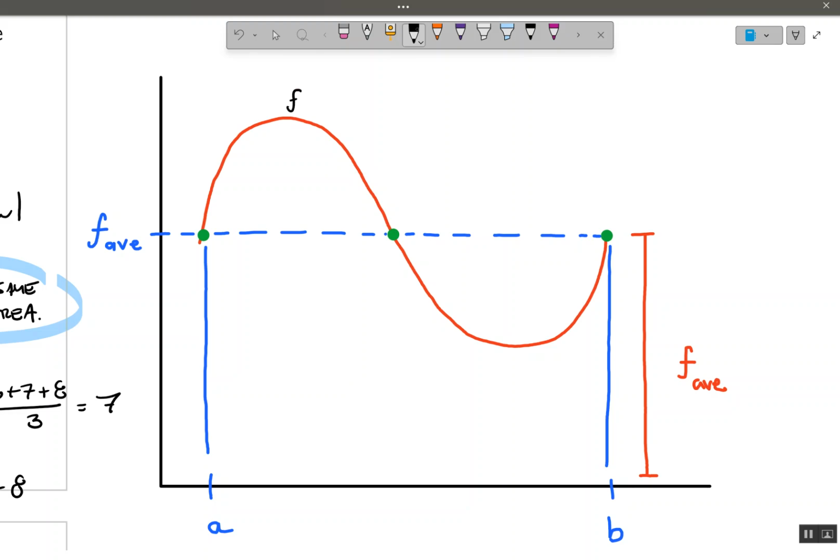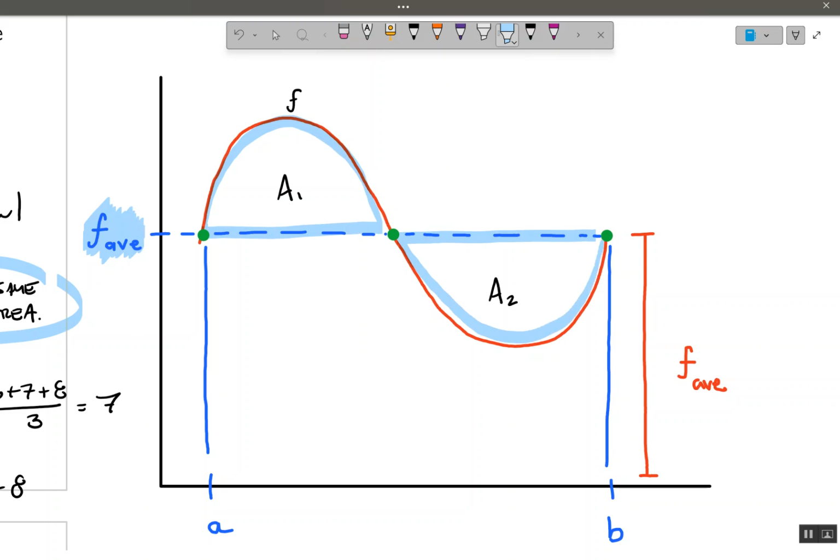I claim that there is some y value, which we're calling f average, such that the area on the left is the same size as the area on the right. What I mean is this area is the same as this.